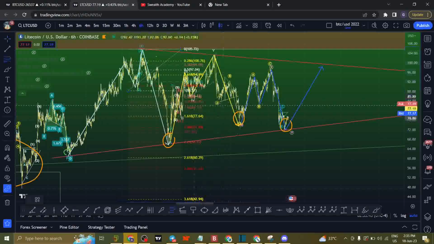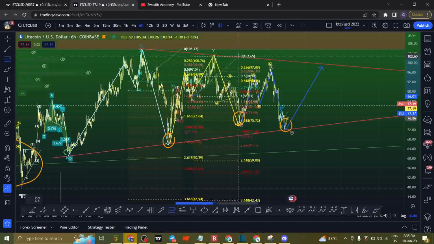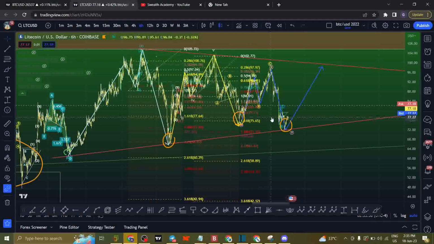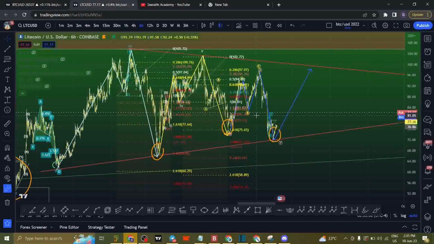Our second fractal, I'm gonna take the same exact measurement from lowest low to our highest high, and that takes us exactly to our 1.618 Fib level. As we know from previous videos, the 1.618 and the 1.86 tend to act as a major demand zone. It's your zone where you should be buying such assets.